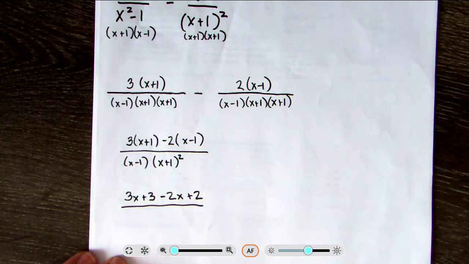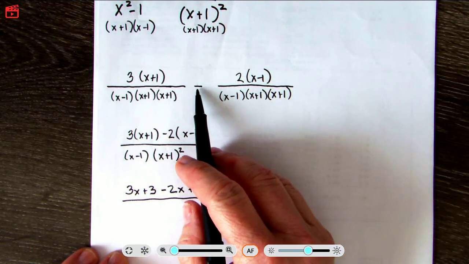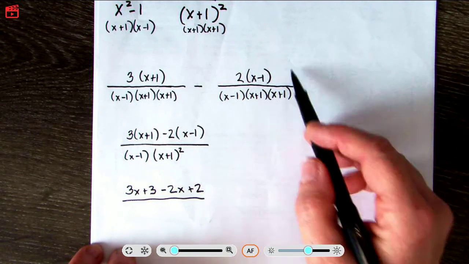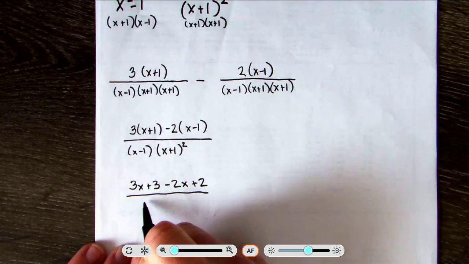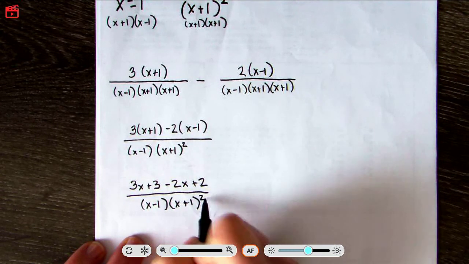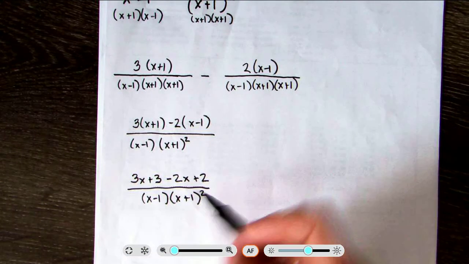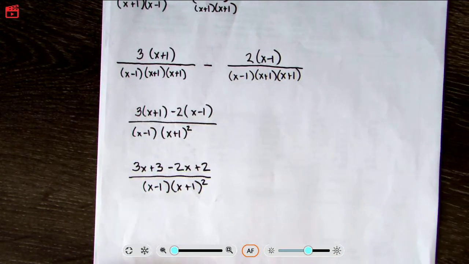That's a common mistake students make: they want to distribute and then they forget that when they're subtracting, it's that whole thing, not just the first term. Okay, so here's my denominator. Put that back in there. Another thing that happens is people lose that. It somewhere disappears, but it can't disappear.